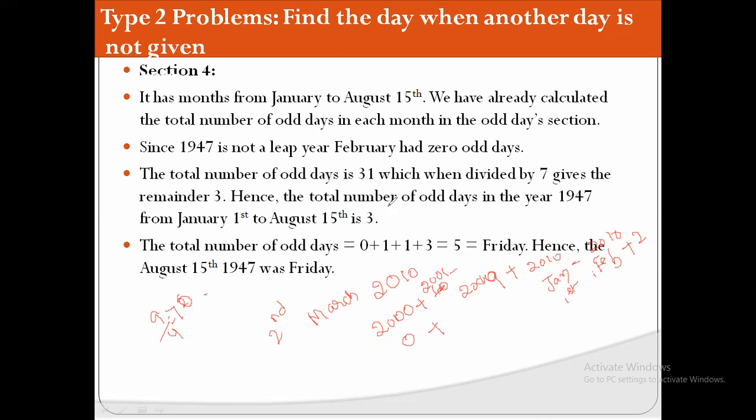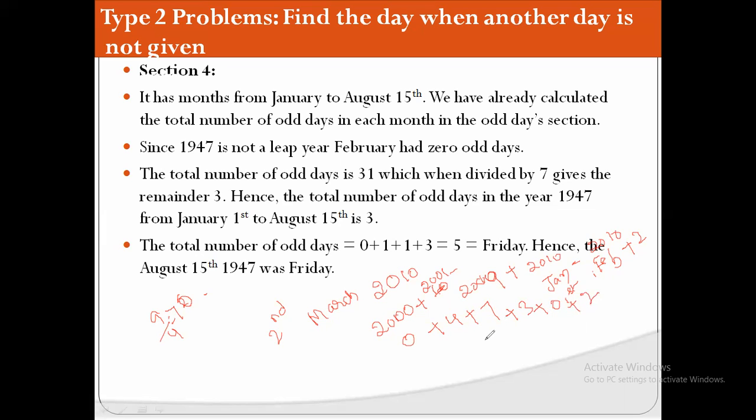So 2 leap years means 2 into 2, 4 odd days, plus the remaining 7 ordinary years means 7 days, plus January 2010, which is obviously not divisible by 4, so it is not a leap year. So January 3, plus February 0, plus the remaining 2 days of March.